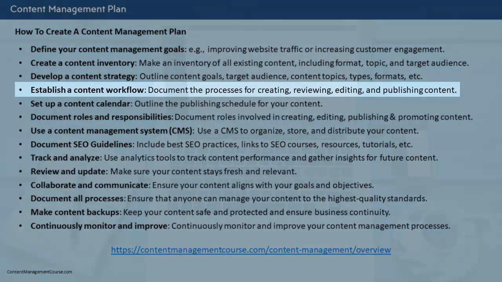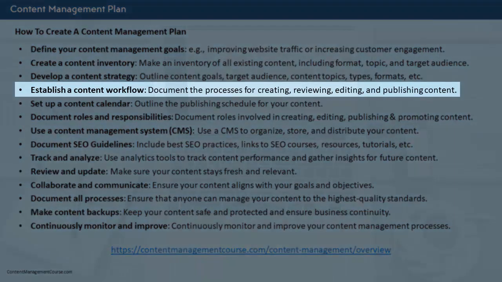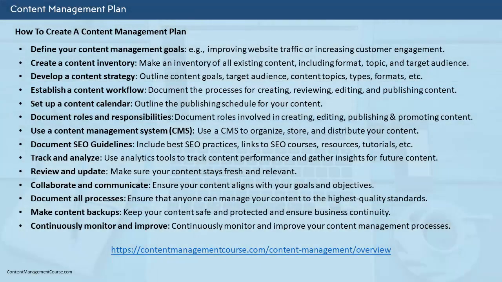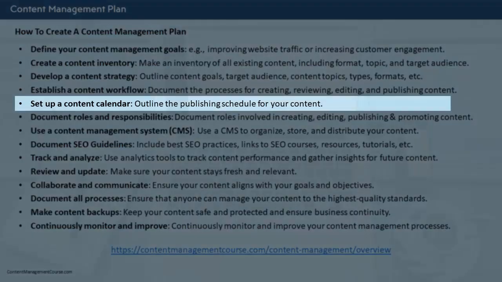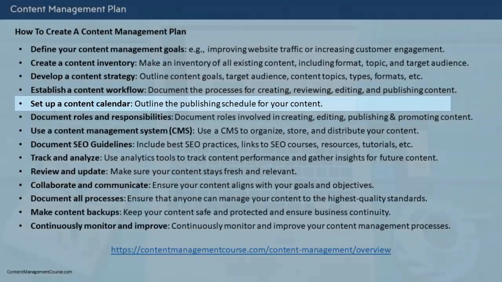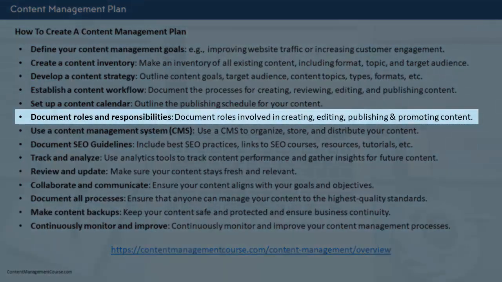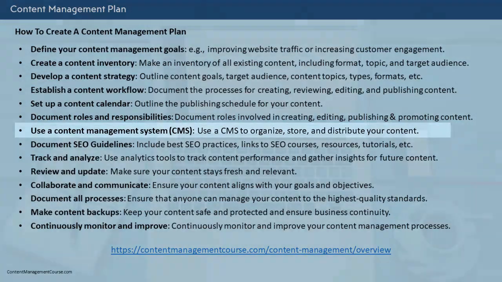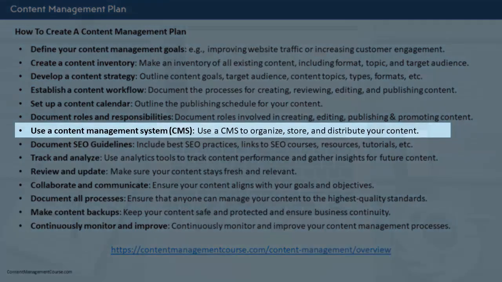Next, establish a content workflow and document the processes that your business will use to create, review, edit, and publish content. Set up a content calendar with your content publishing schedule. Document the roles and responsibilities involved in creating, editing, publishing, and promoting your content. Use a content management system to organize, store, and distribute your content.